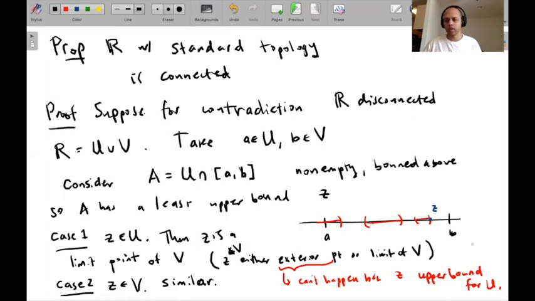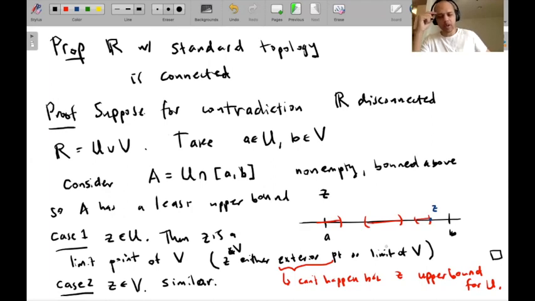Okay, so let's, once you show case 2, you reach a, right, so the upshot of case 1 is we conclude that Z is a limit point of U, or of V, sorry, which means V is not closed, so U is not open.